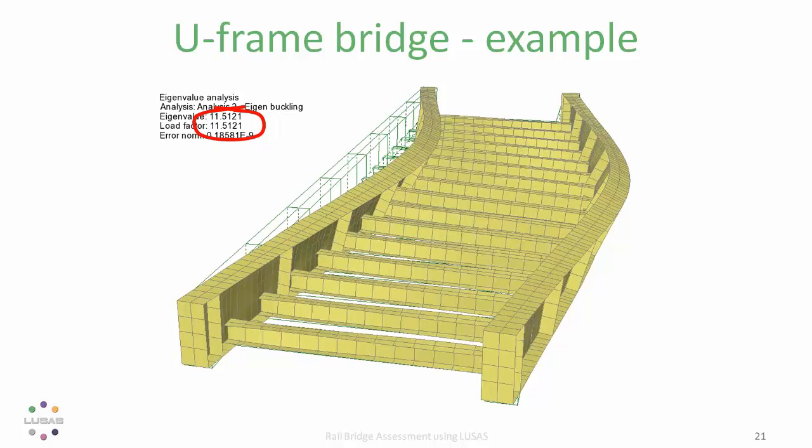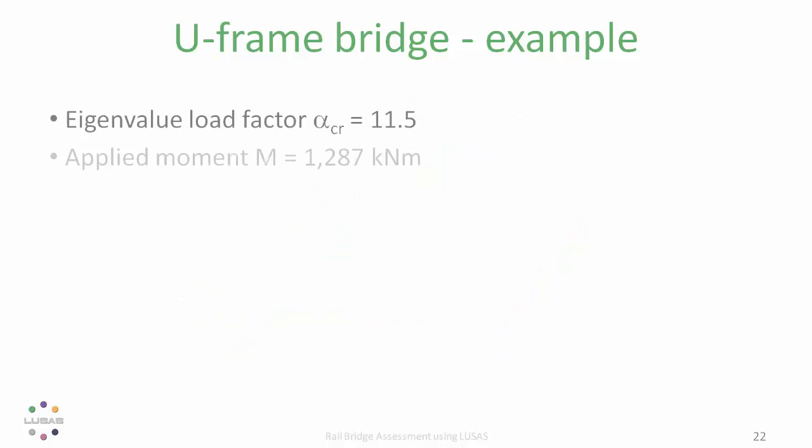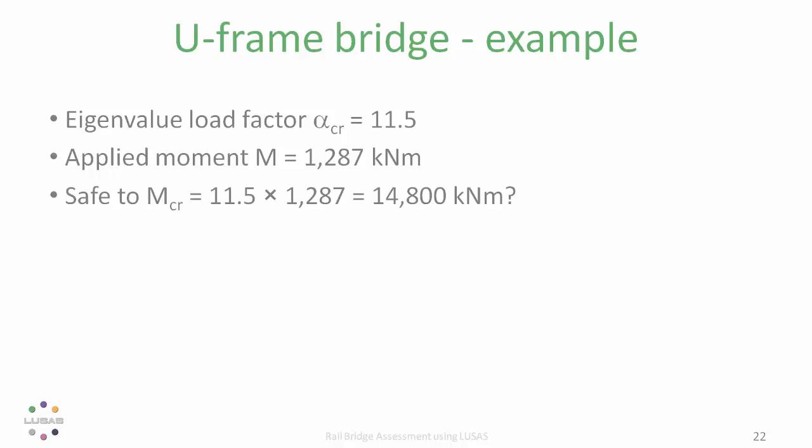But the question is, what does that really mean? If the applied moment is 1,287 kilonewton meters, does this mean that our girder is safe up to about 14,800 kilonewton meters? Absolutely not. It does not mean that.